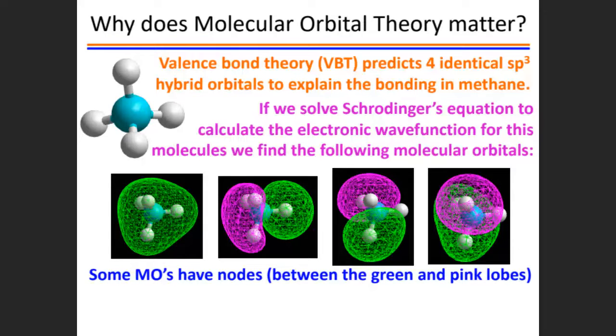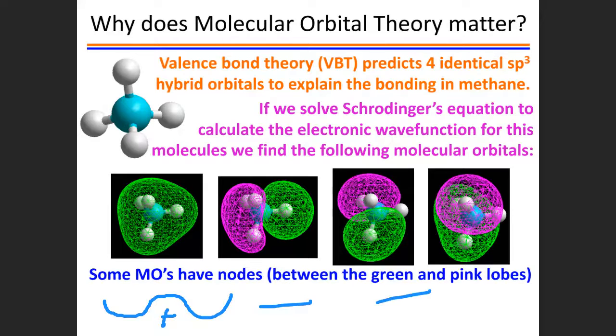You remember the constructive wave and destructive wave, and also we saw the probability of finding an electron. So there were some node places where we say there is no probability to find the electron, but there are also some places where we have a chance to get the electron.